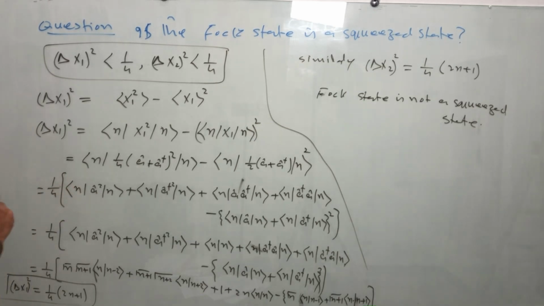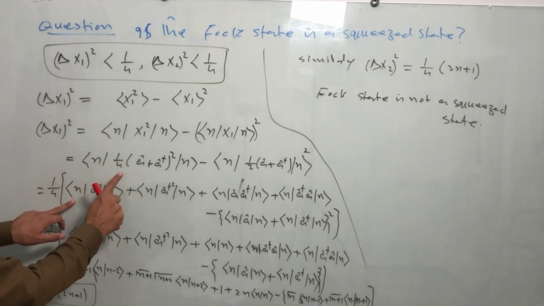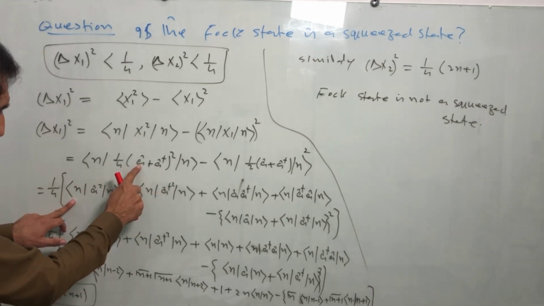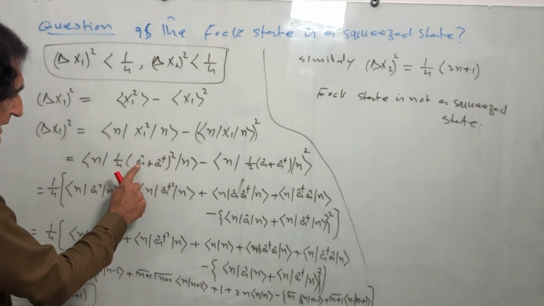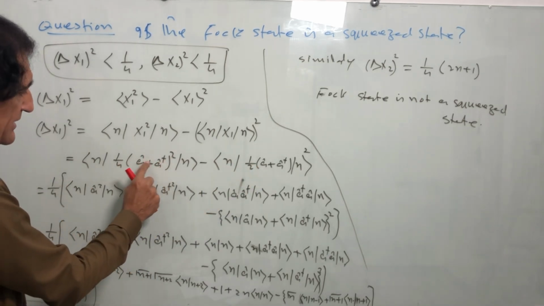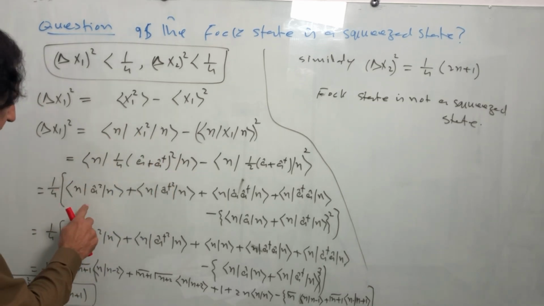If we expand this square, then we get a squared plus a dagger squared plus a a dagger plus a dagger a.